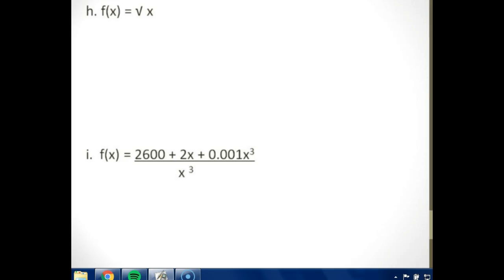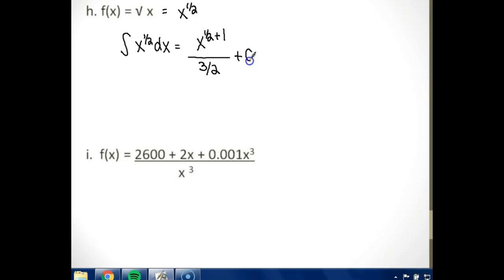Okay, for your square root, I would treat it like an exponent. So I would rewrite that so that instead of being the square root, it was x to the 1/2. So you get the integral of x to the 1/2 dx. So again, power rule says add 1, divide by your new exponent.